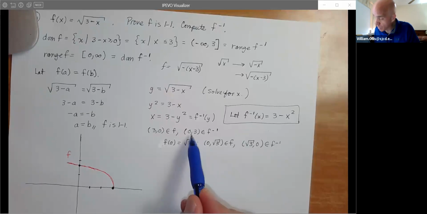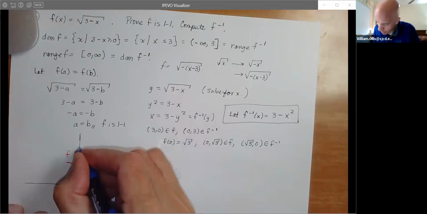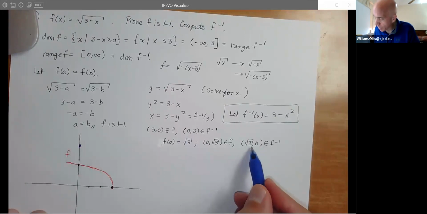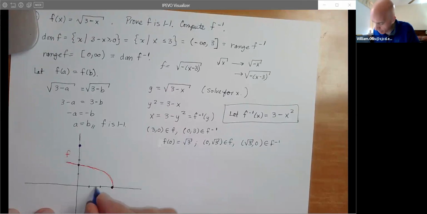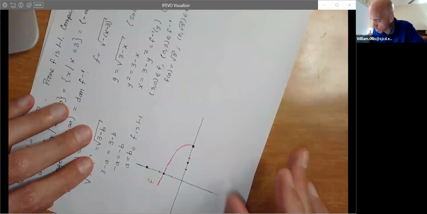So for f inverse, we have (0, 3): 1, 2, 3, about right there. And then we have (square root of 3, 0), about right here. So that's going to give us our reflective property, a mirror image. So I'm going to turn this so I can draw it.